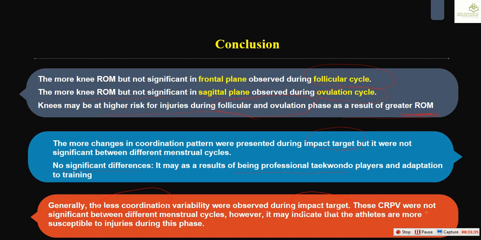We couldn't see significant differences in this coordination variability, but however it may indicate that the athletes are more susceptible to lower extremity injuries during this phase, I mean the impact target of the roundhouse kick.